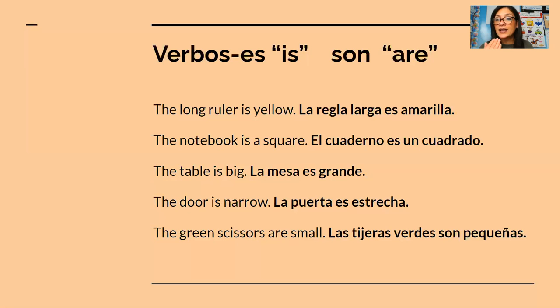La puerta es estrecha. The green scissors are small. Las tijeras verdes son pequeñas. Notice we can use the other adjectives that we use for shapes also with our classroom objects.